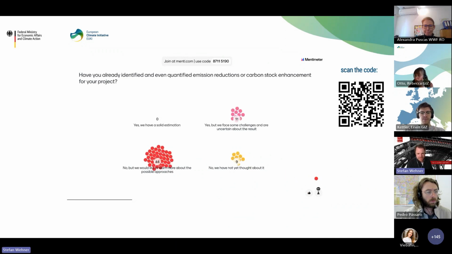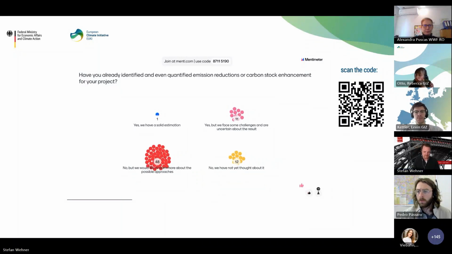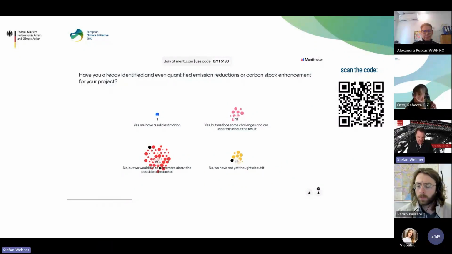It's already quite a tendency towards the third answer, which means you don't have an emission reduction quantification yet, but would like to learn more about possible approaches.